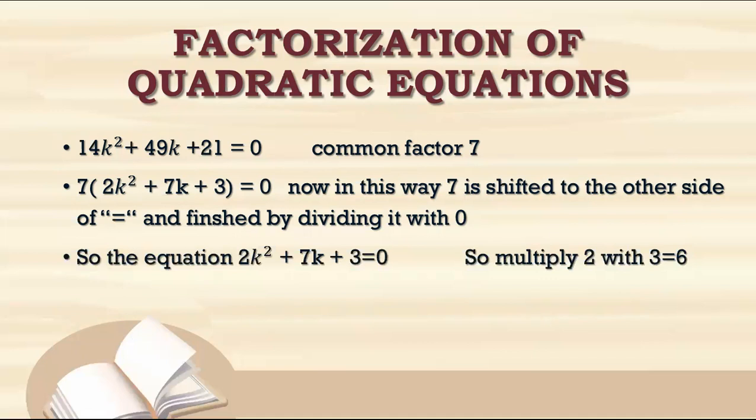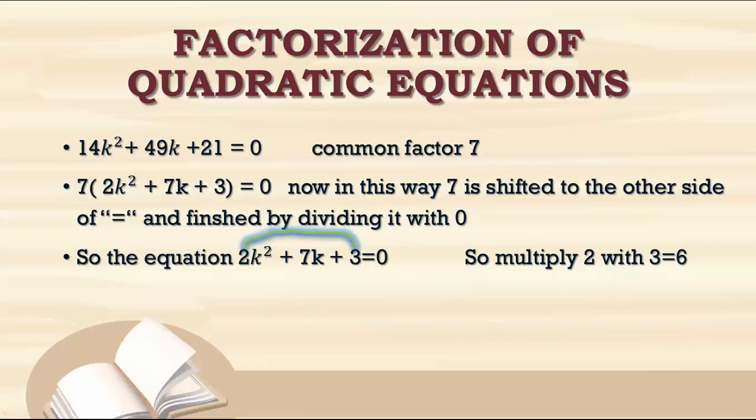Now let's start factorizing it with all the steps we have just discussed. The first step is to multiply the coefficient of k squared with the constant. The coefficient of k squared is 2 and the constant is 3, so multiplying 2 with 3 gives 6.